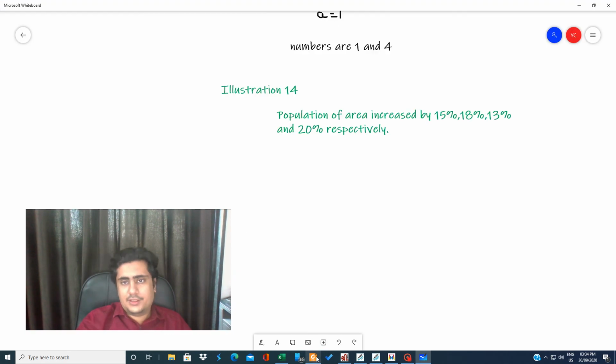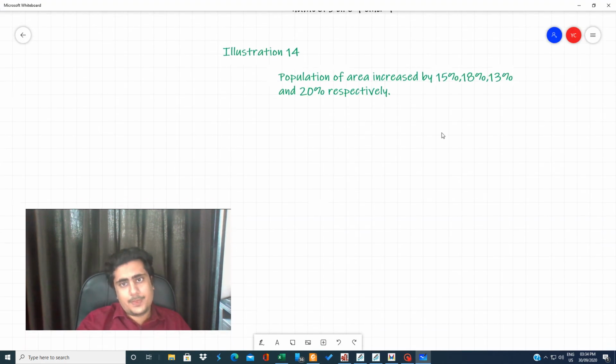Find the average rate increase in population. These are the increments in first, second, third, and fourth year respectively.